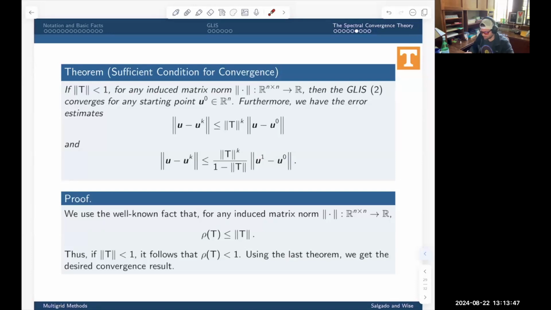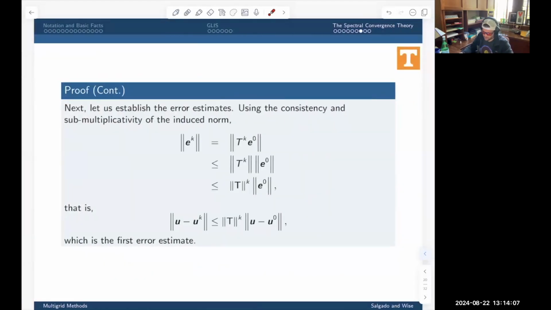So we can use the last theorem to generate that desired convergence result straightforwardly, because that was an if and only if. So we have convergence if you can find a norm and show that in that norm, T is strictly less than 1. Then you get convergence. Now, what about the error estimate? The first one's quite easy.